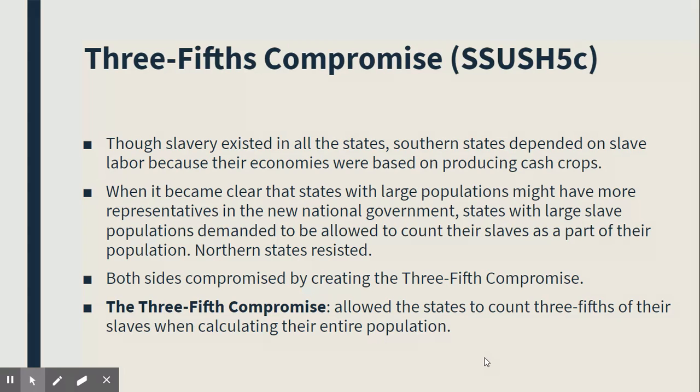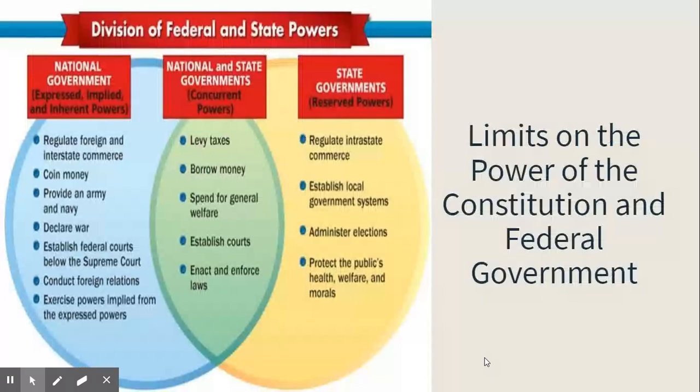Number 9, list 2 limits to the power of the federal government in the Constitution. Now, what you have to understand here is that the national government can't do everything. What they can't do is establish local government systems.